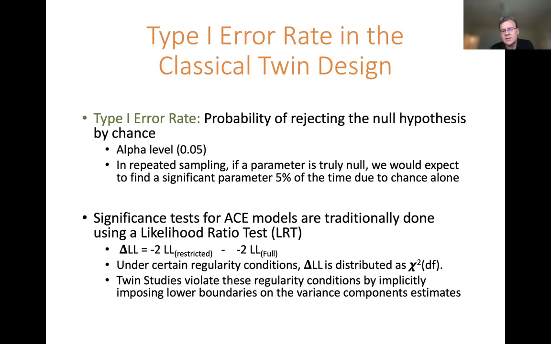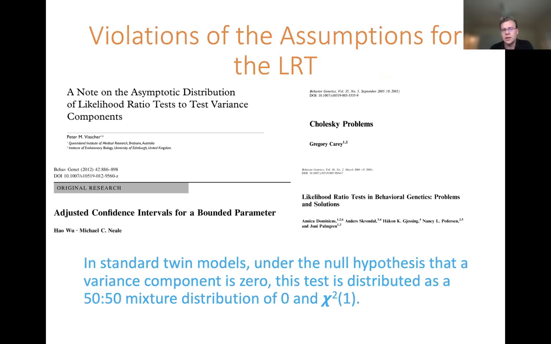The problem that arises here is that these regularity conditions are often not met in twin studies, because the squared paths impose boundaries on the variance components and the estimates of the A, C, and E components.